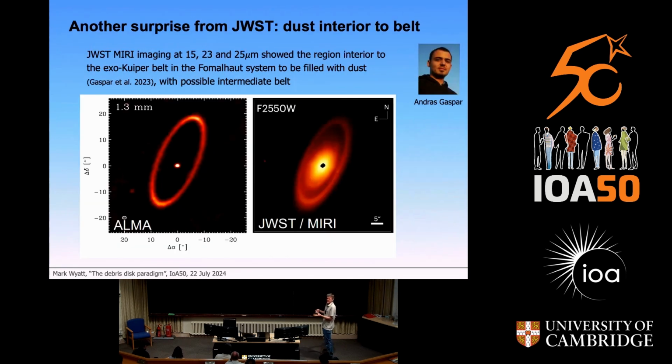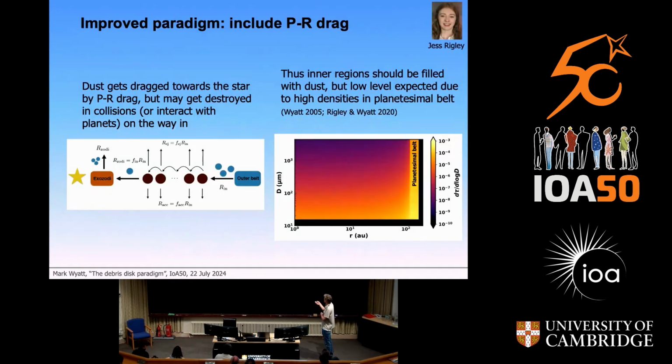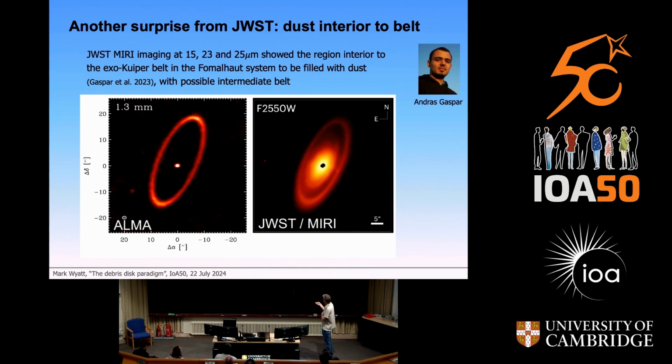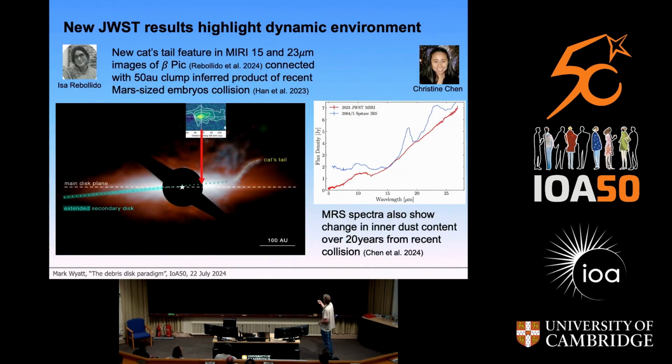And a similar result comes from Christine, who has looked at the spectrum of the disk in this region here and compared it with what was seen 20 years ago by Spitzer, and sees that the dust that was seen by Spitzer has disappeared. In particular, the micron-sized dust grains in that region have disappeared.